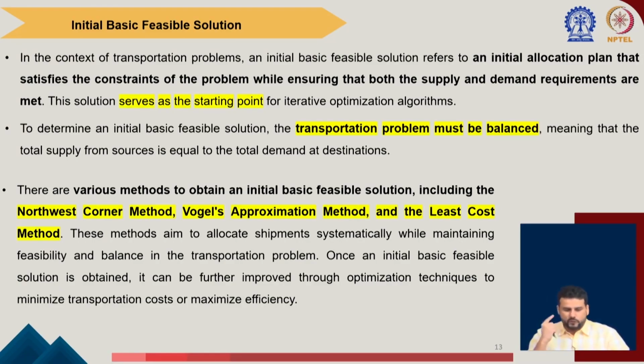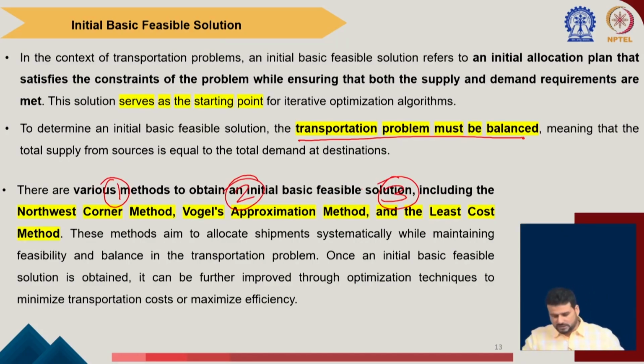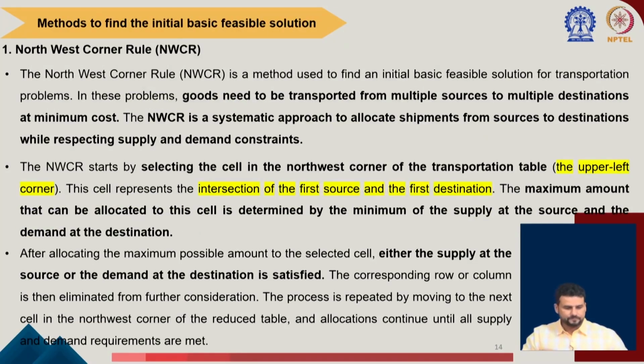Before going for that, your problem should be balanced. Again, we need to check whether your demand is equal to supply, and as I told you, we have three methods to get this initial basic feasible solution in transportation. One is the northwest corner method, another is Vogel's approximation method, and the third one is the least cost method. One by one we will go through these methods.